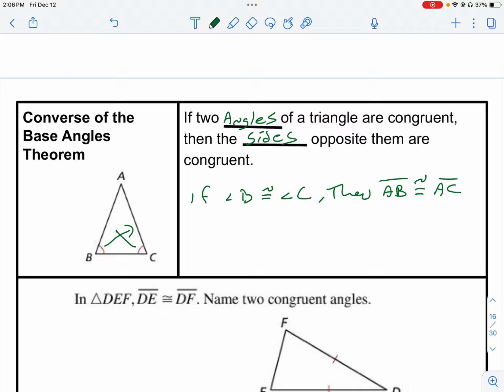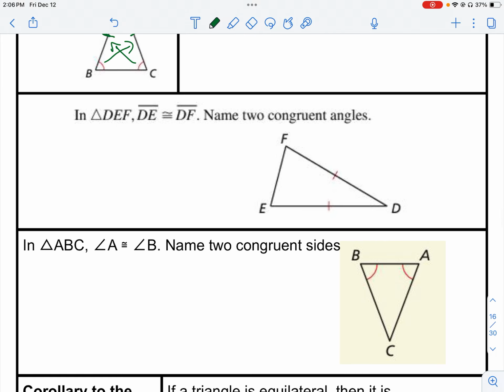So we crisscross in the other direction. So if the sides of a triangle are congruent, the opposite angles are congruent. If angles in a triangle are congruent, the opposite sides are congruent. Funny thing about triangles.